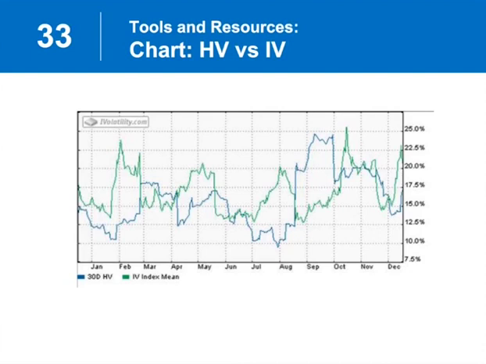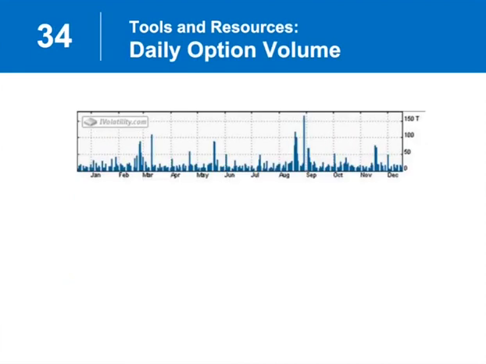So you've got the stock chart, which is the top thumbnail. You've got the middle one, which is the historic versus implied, and then the last much smaller thumbnail chart is just option volume itself. And I don't particularly pay a whole lot of attention to that chart.